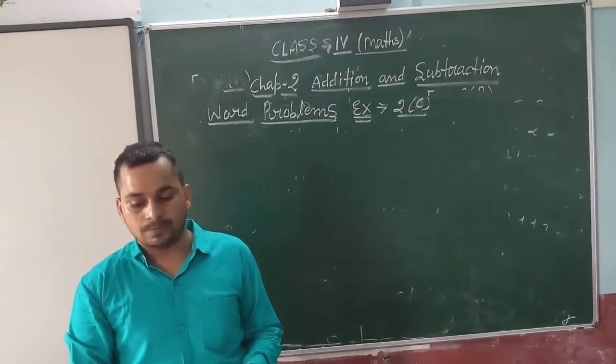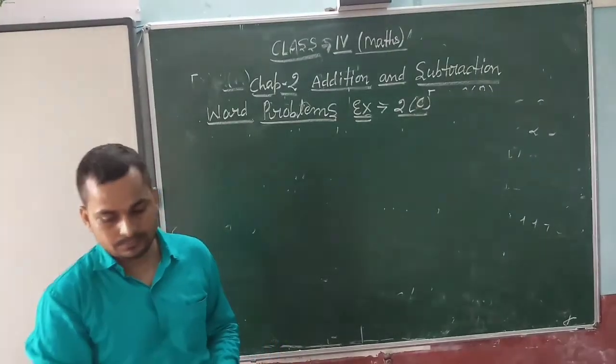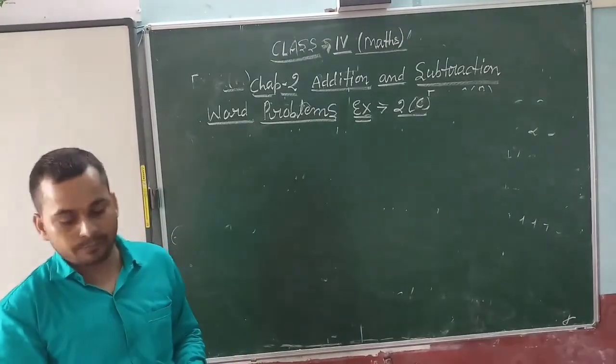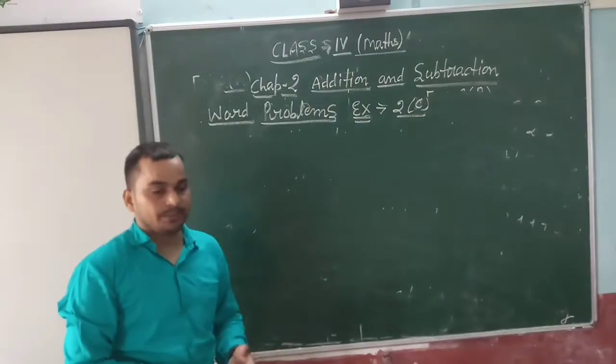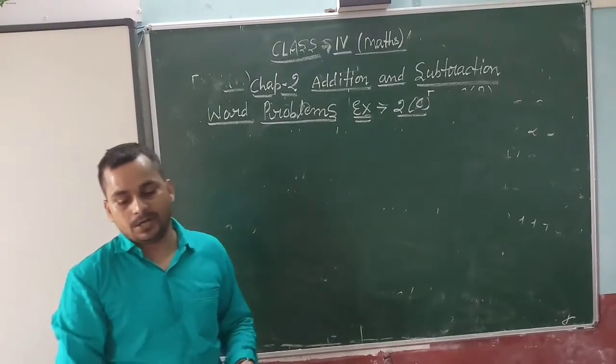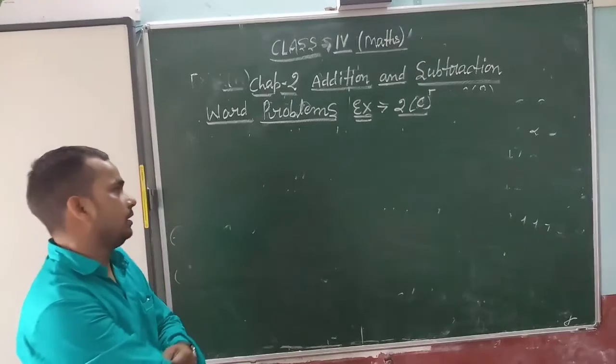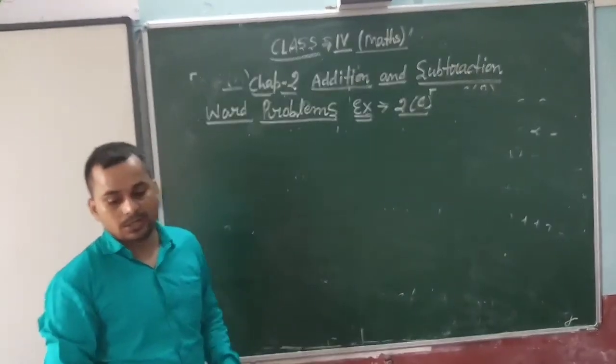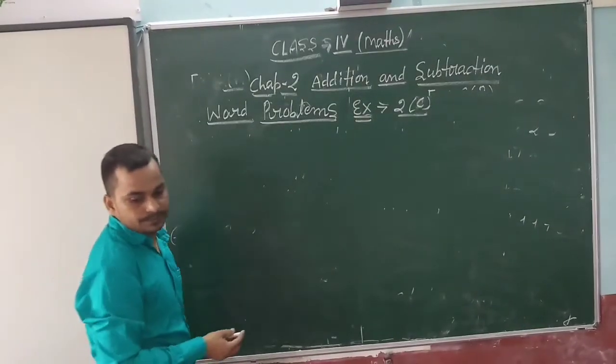Find the total population of the town. So we have to add number of men plus number of women and plus number of children. So we get the total population of the town.